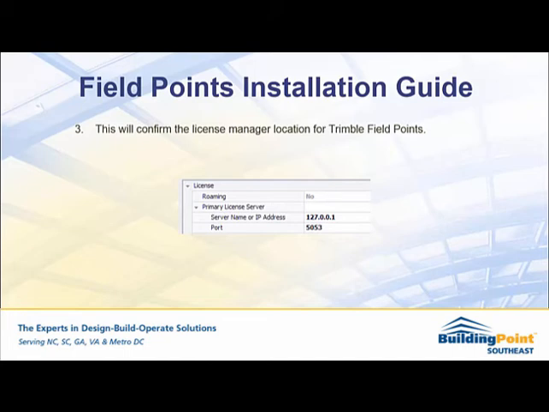If you selected to do a localhost, you will see an IP address of 127.0.0.1 as shown on your screen. If you selected to put in a server name or an IP address, you will see that information here on this screen. This is a confirmation of where your software is looking for the license when it is used.